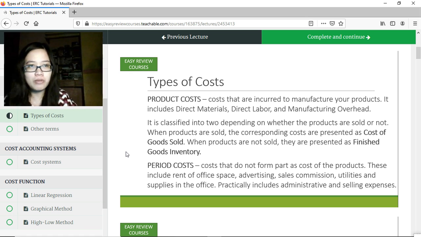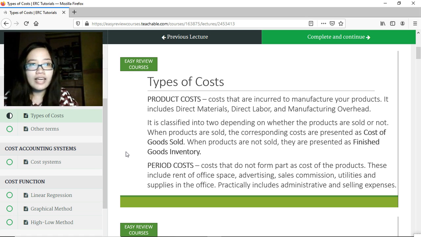Tapos, kapag hindi pa nabebenta yung products, ipapresent pa natin siya sa financial statements as finished goods inventory. Okay, nasa inventory pa siya, pero finished goods na. Pero pag nabenta na, may corresponding sales account, tapos yung cost of goods sold, ililipat na rin doon yung manufacturing cost or yung product cost natin.